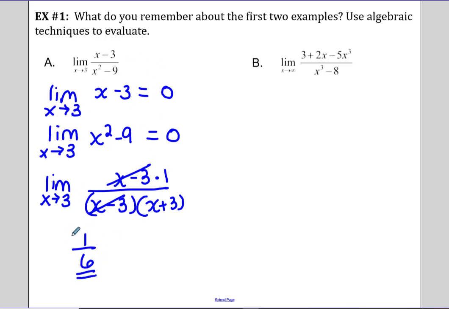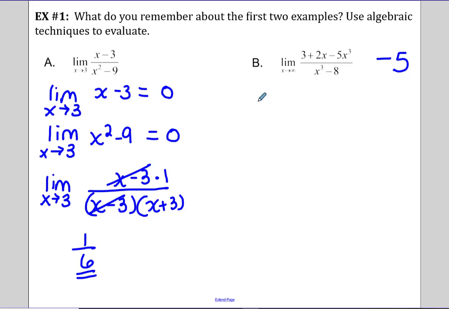In Calc AB, we called that the factoring technique. We also knew from maybe back as far as Algebra 2 that when the numerator and denominator have the same degree, you could just take the ratio of the coefficients and know right away that our horizontal asymptote was at -5 as x goes to positive infinity.